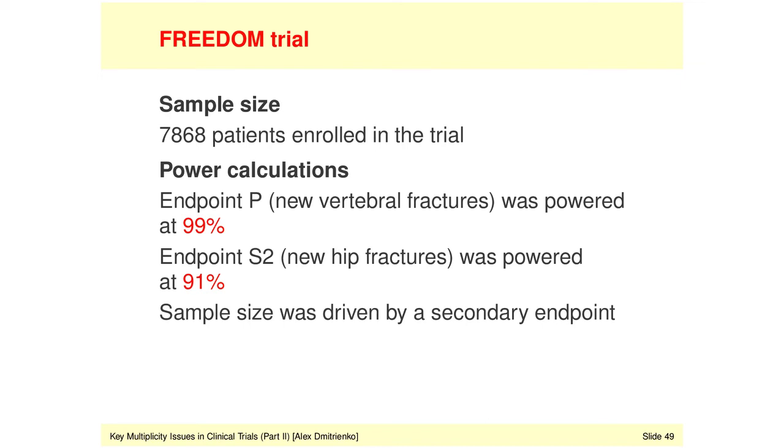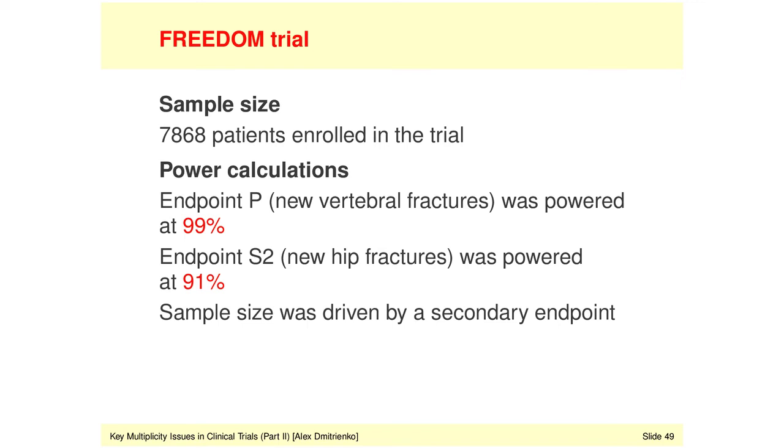So this would be a good example of a phase 3 trial where the trial is overpowered on the primary endpoint, and the goal here is to guarantee adequate power for a very important secondary variable. And I would like to say a few words about possible interpretation of secondary endpoints that end up playing a central role in sample size calculations.